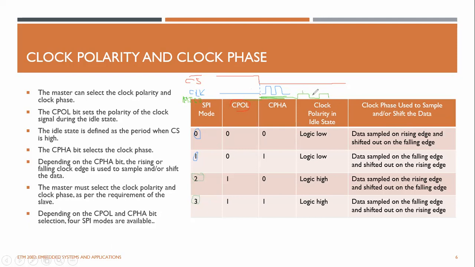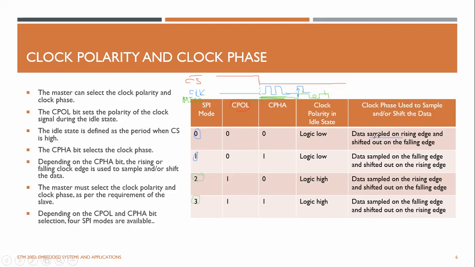So this is a 1, this is a 0, and likewise. But the master will sample the data on the rising edge of the clock. This is a rising edge. This is a rising edge. At this point, whatever the data on this bus is will be taken as a 1.